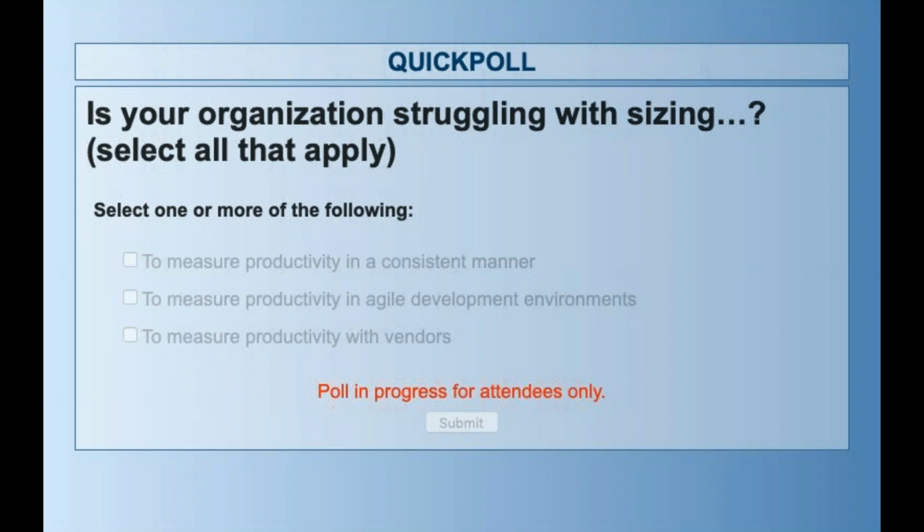Okay, so I'm going to close the poll there because we've got about 70% of people voted. There's actually quite a healthy measure there, 42% currently using automated sizing standards. I suspect there is a skewed result there because many of the people on the line are already CISQ members.